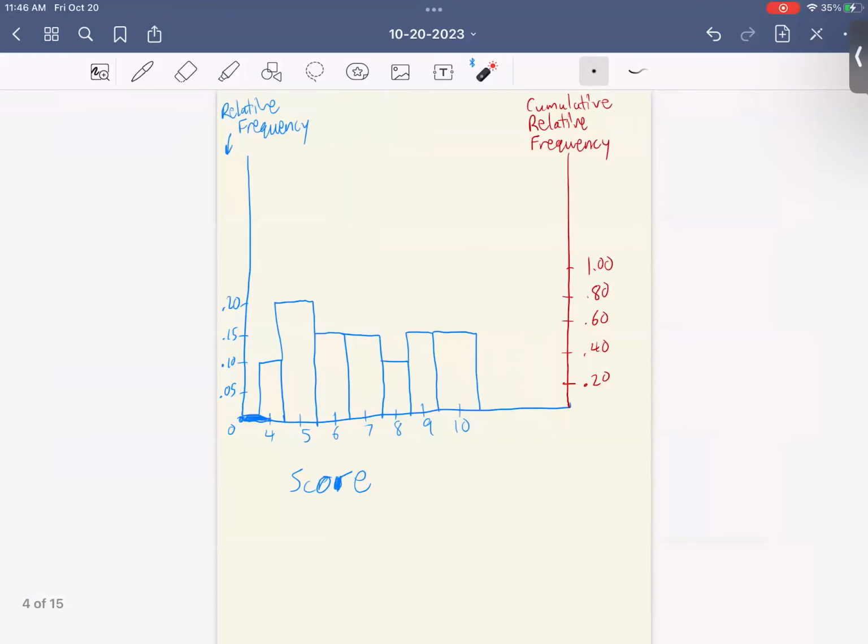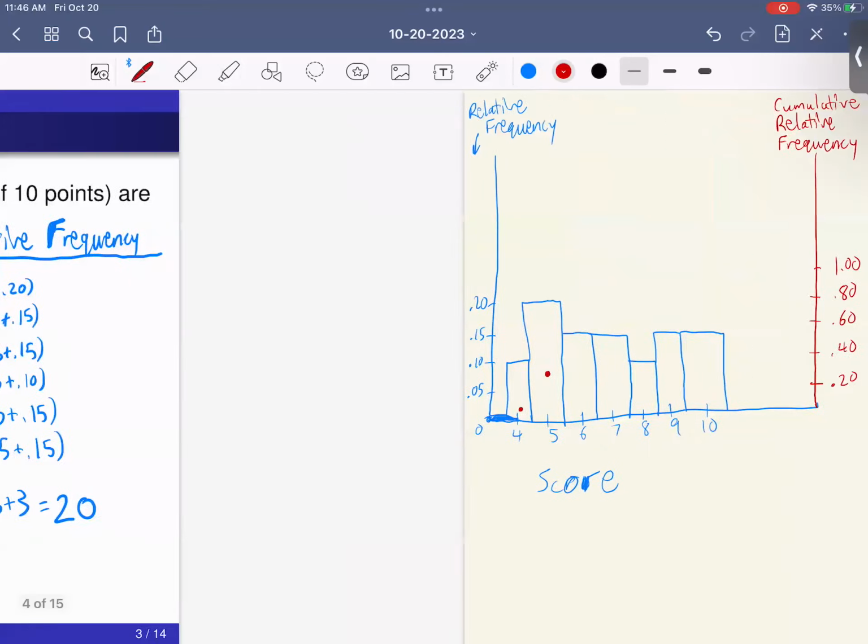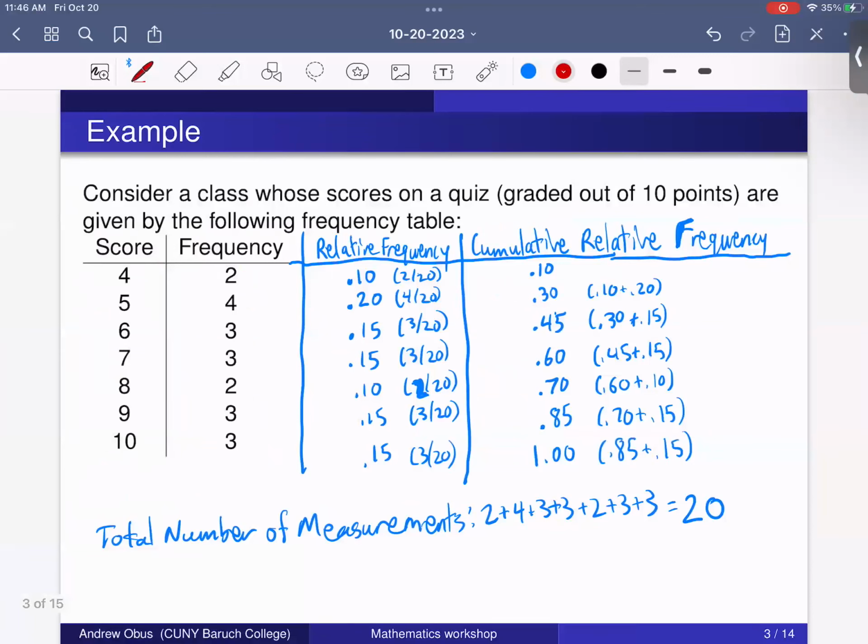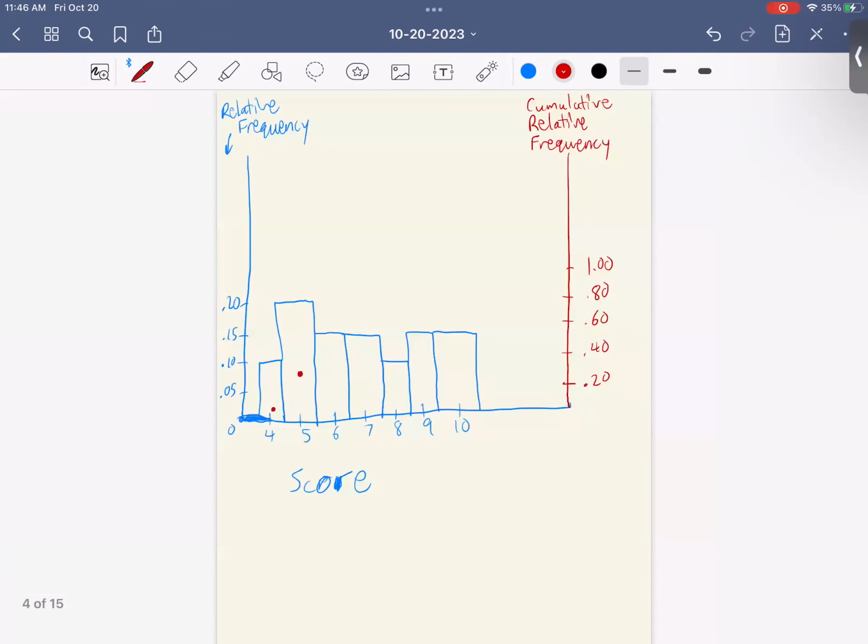So for 0.10 inside the 4 bar, that's going to be here. And then 0.30 in the 5 bar is going to be here. And then what do we have? We have 0.45, 0.60, and 0.70. So 0.45 is going to be maybe here. 0.60 is going to be here. 0.70 is here.